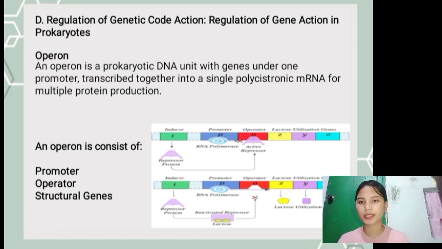The primary mechanism here involves operons. An operon is a functional unit of DNA in prokaryotes that contains a cluster of genes under the control of a single promoter. These genes are transcribed together into a single molecule known as polycistronic mRNA, which is then translated into multiple proteins.